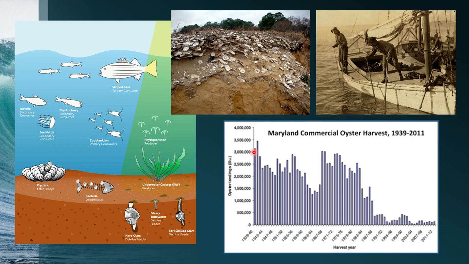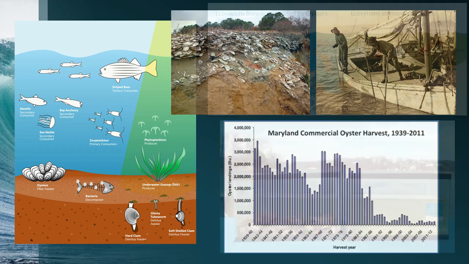But if we look in modern times, there's sort of a drop off in the 60s here, and then more in the 70s, and then suddenly a really precipitous drop off. And that's because we just don't have enough oysters anymore to really have a strong harvest of them, of wild oysters in the Chesapeake Bay.